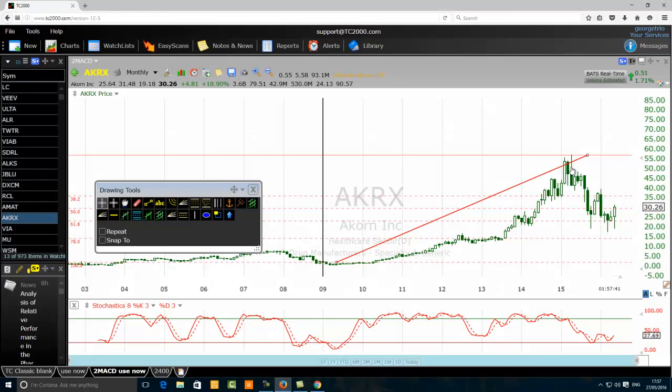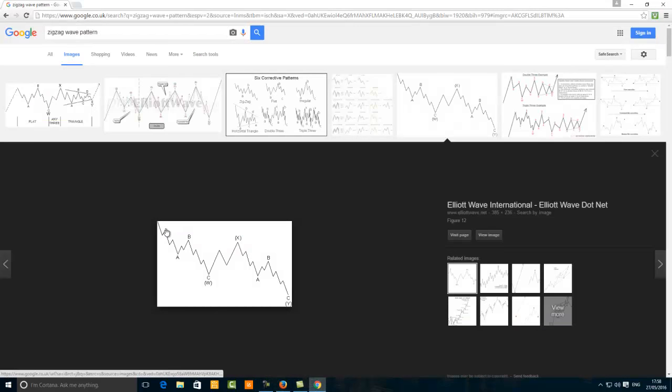So now, is this a zigzag pattern? Before we clarify this question, the first thing we want to understand, as I showed you already on this chart, is that the A part of the zigzag pattern is subdivided into 5.